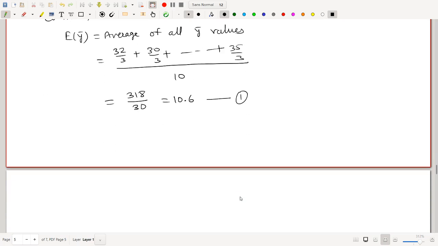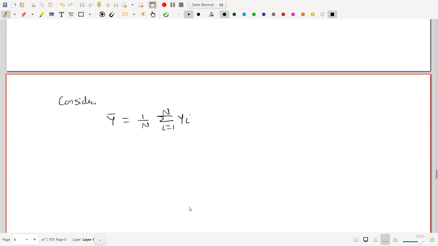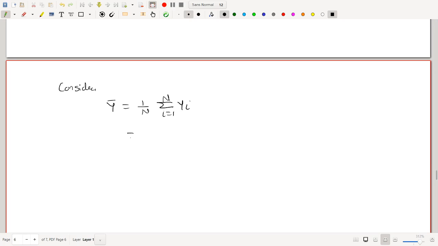So expected value of y bar is this one. Now find out capital Y bar. If it is 10.6, then we can say expected value of y bar is capital Y bar. The formula for capital Y bar is 1 upon capital N summation i running from 1 to capital N, capital Y. So this is 1 upon 5 because capital N is 5, i running from 1 up to 5, capital Y. So this is 1 upon 5 into y1 plus y2 plus up to y5.